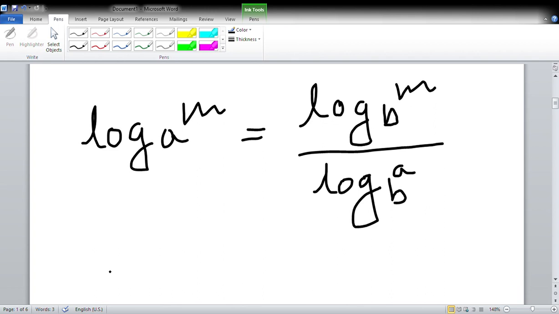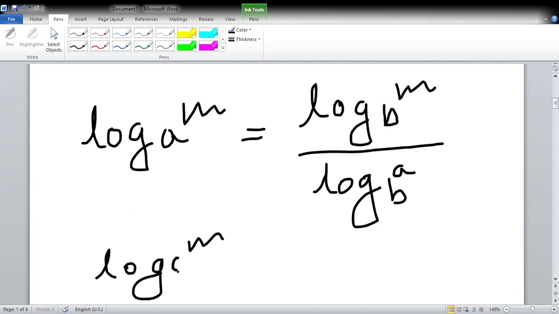So we can conclude from there, if we want to take this log a with the base b from the right side to the left side, you can simply multiply it with the left side.